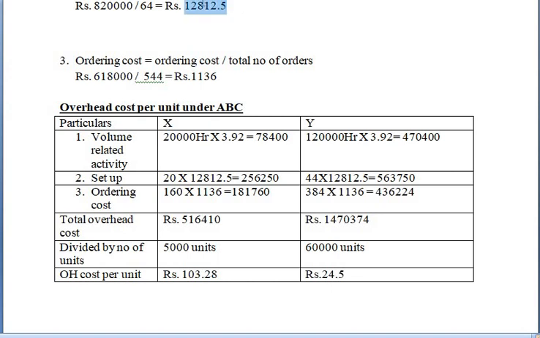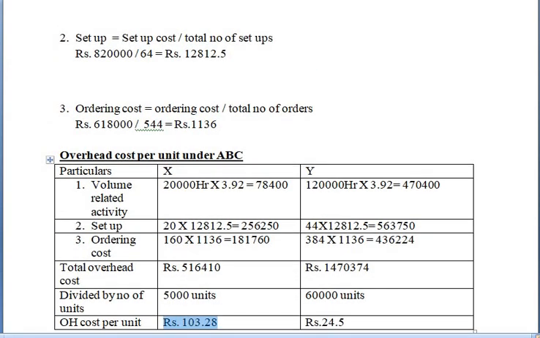The third one, ordering cost, is based on number of orders: 160 in X and 384 in Y, multiplied by the cost per order 1136. Make total of all the three activities, and you will get total overhead cost. Divided by number of units, you will get cost per unit. So this is the ABC system.